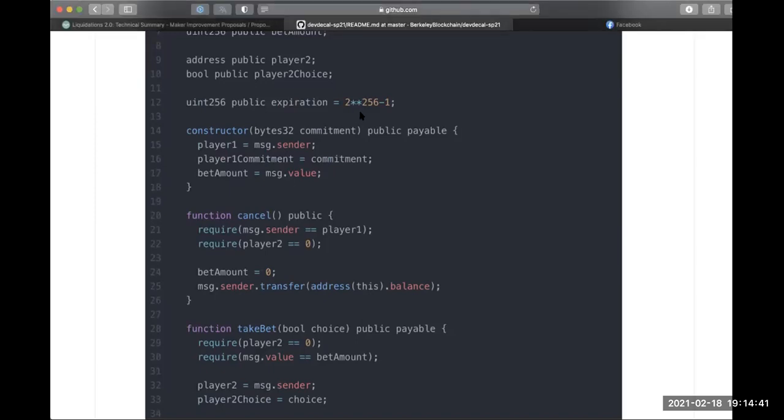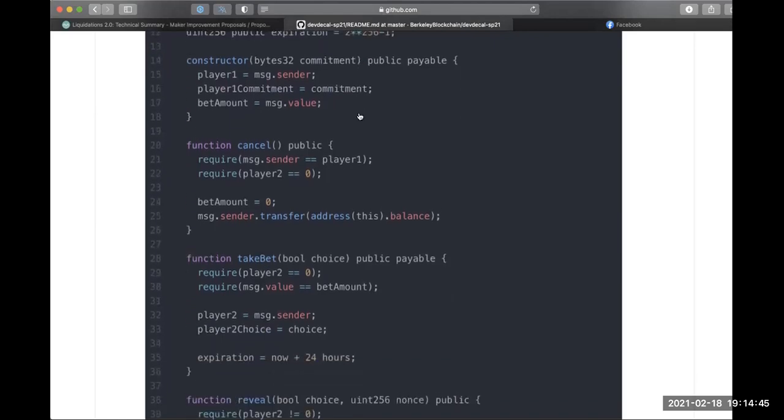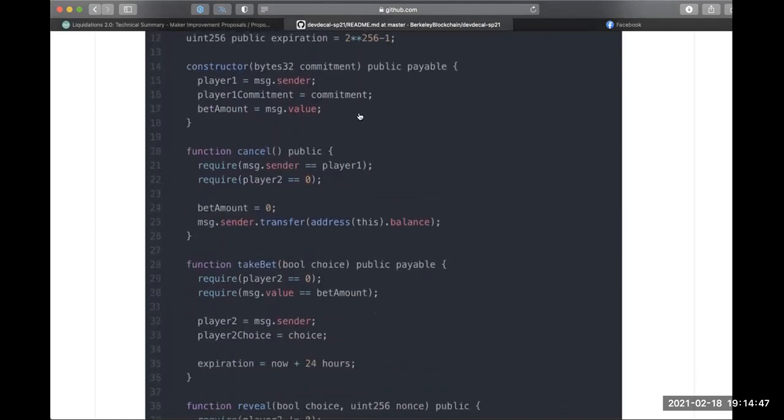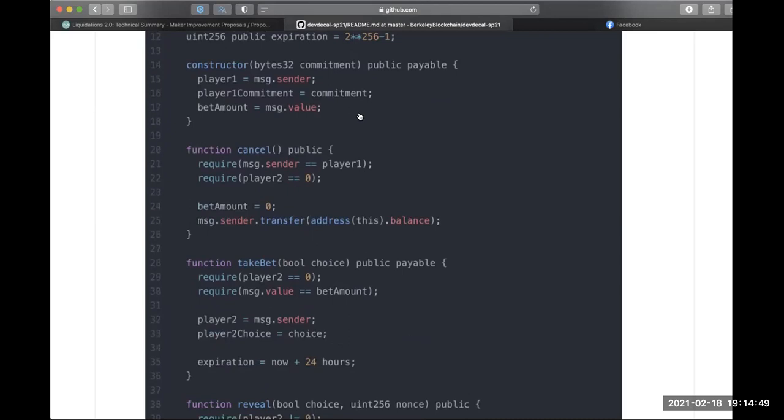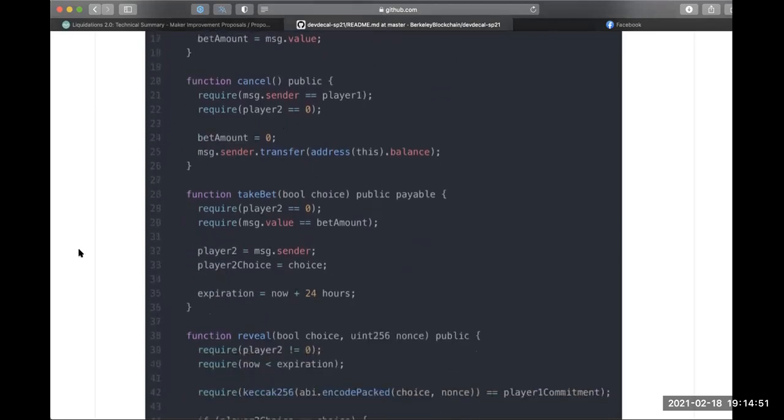Then when Matt calls take bet with 1, that one's also payable, so now you're paying the contract another 1. So now the contract should have 2 balance. And then once you finally call transfer, it should transfer to player 1, which was Tim. So now 9 plus 2 is 11.